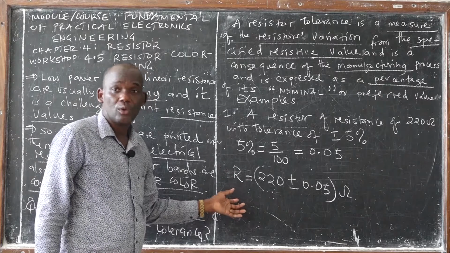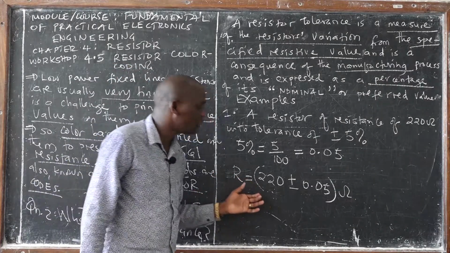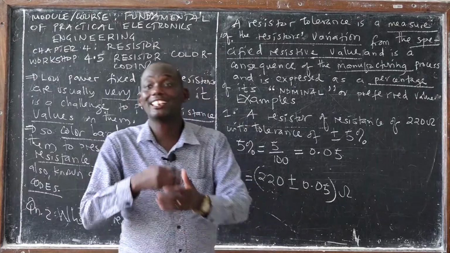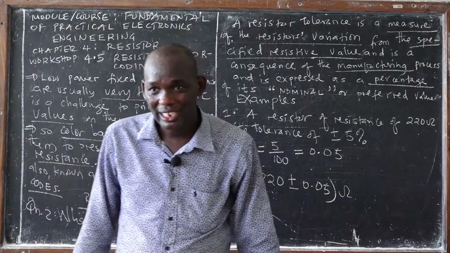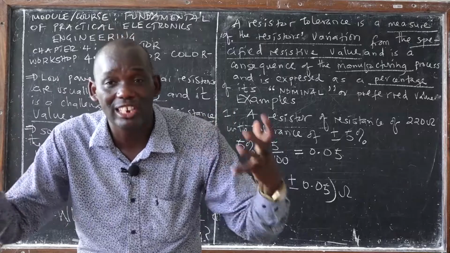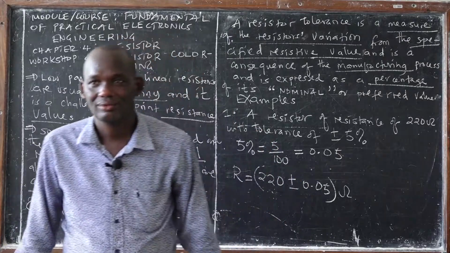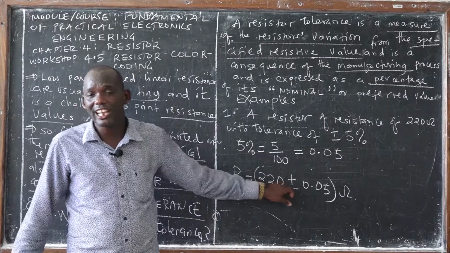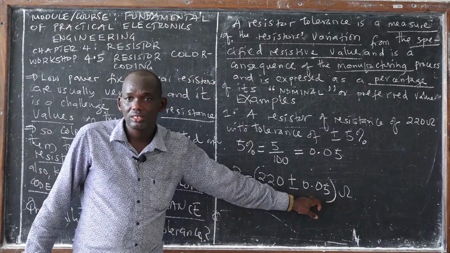It means in engineering, if you say, I measured the resistance of the resistor and found 220 ohm, that is meaningless. That is not a measured value. Why? Because you did not include the acceptable error.